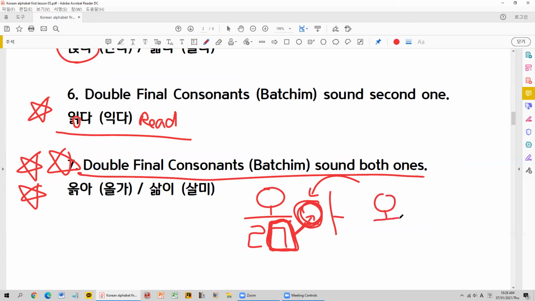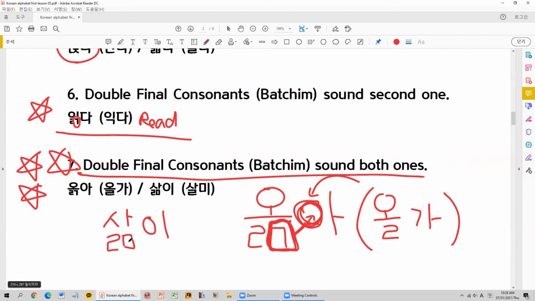So this one we have to pronounce Olga, Olga. Same with this. This one has a circle, so it is replaced by the second final consonant. So this is 삶이, 삶이.